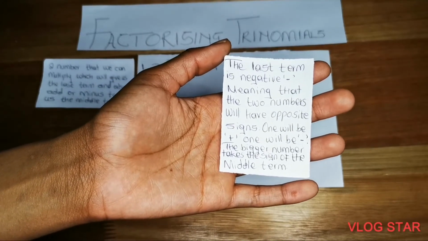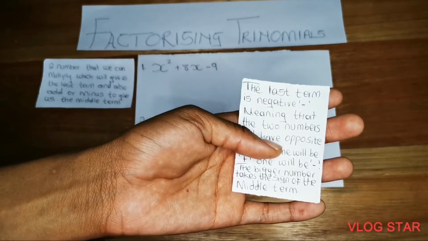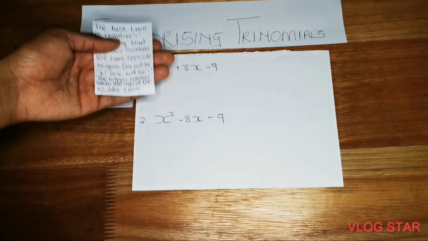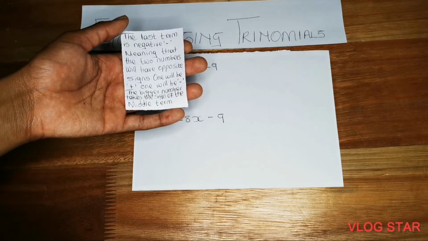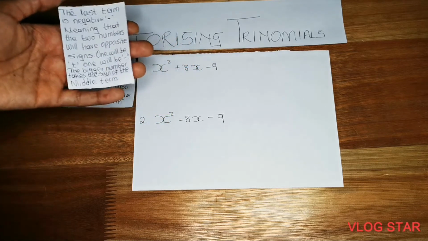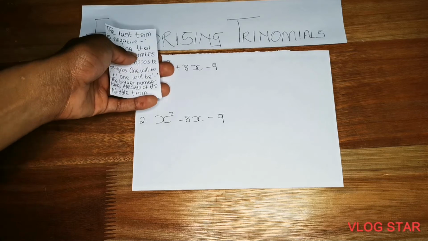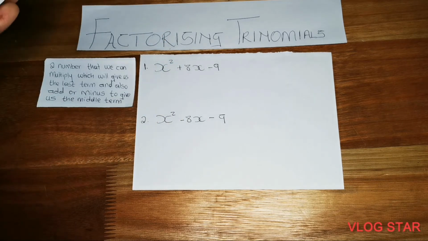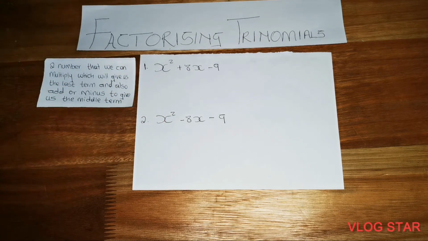The biggest number takes the sign of the middle term. So if the biggest number, let me say we have 1 and 8, so the biggest number is 8, meaning that 8 will take the sign of the middle term. And on this question, if we have 1 and 8, 8 will take the negative sign.